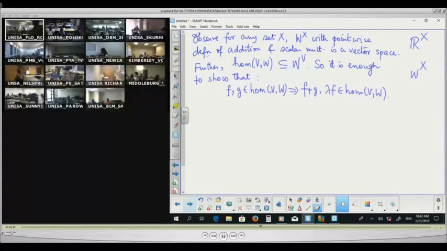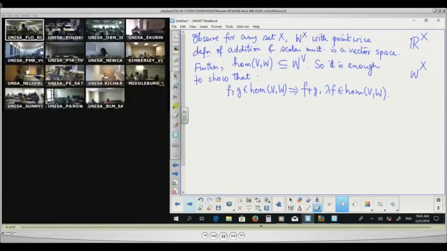Remember, that was the way we showed that continuous functions from reals to reals form a vector space. How? Sums of continuous functions and scalar multiples are continuous. It was exactly something similar. It was pointwise and so on. The same story.